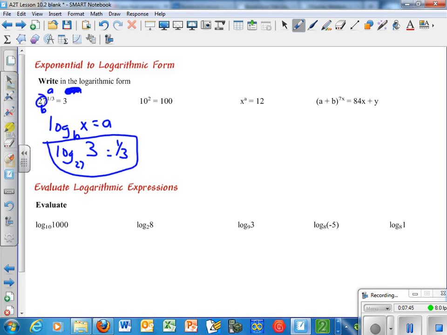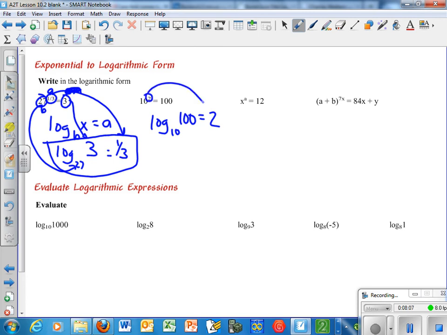So the base becomes the little subscript. This is what's right after the word log, the base, and the power, or the exponent, goes over on that side. So if we do that here, this is going to be log of base 10, because that's what's raised to the power, of 100 is equal to 2.